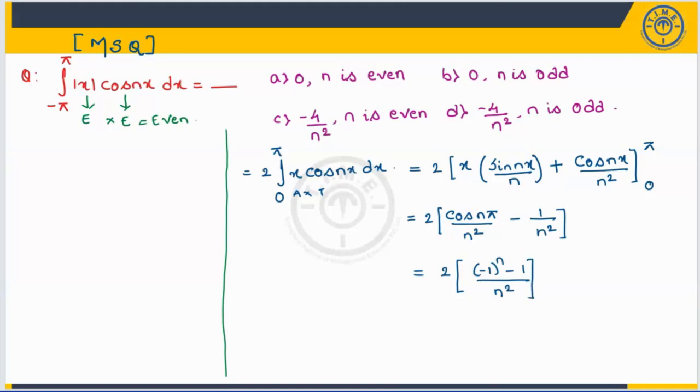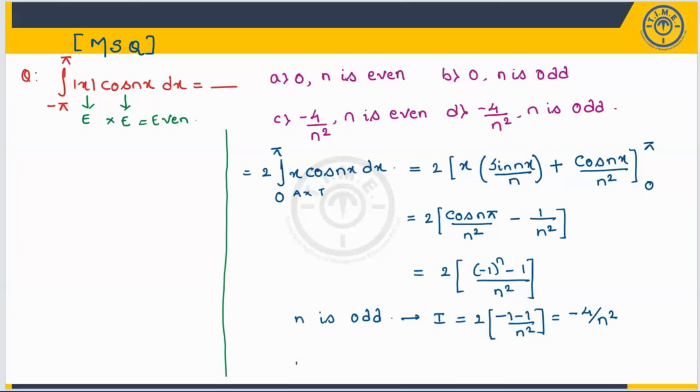Right? So now here, as it is an MSQ question, let us say if n is odd. So if n is odd, what happens to the value of the integral? That is 2 times negative 1 to the power odd, which is negative 1, upon n square. So the value of the integral is minus 4 by n square.